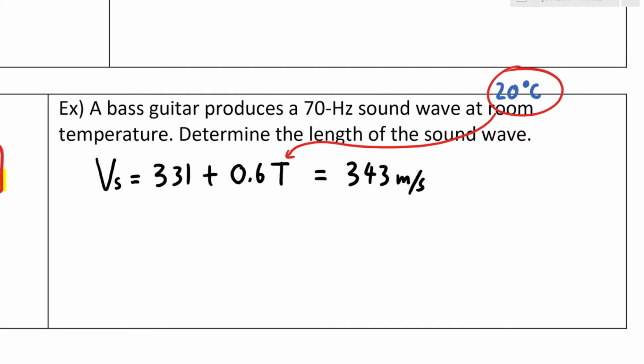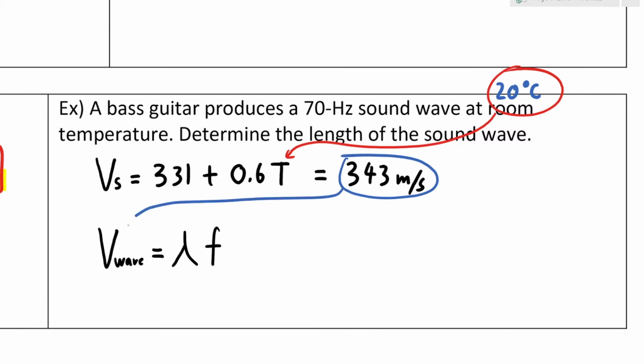Okay. You say, okay, so now I have the speed of the sound wave. What do I do to get the length of the wave? Well, you do remember that for any wave, as we learned last class, wave speed can be calculated by lambda f, the wavelength times the frequency. Sound wave is a wave, right?